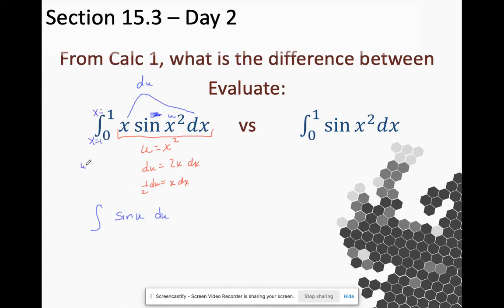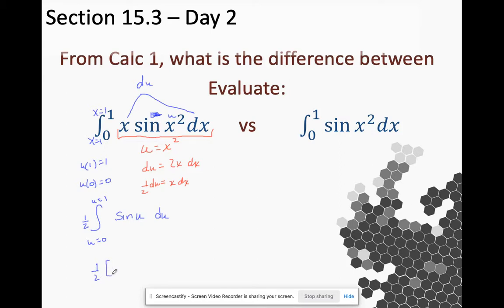I can say what is u of 1 and what is u of 0. In this case, they turned out to be the same. And then I can integrate this, right? Oops, forgot my 1/2.